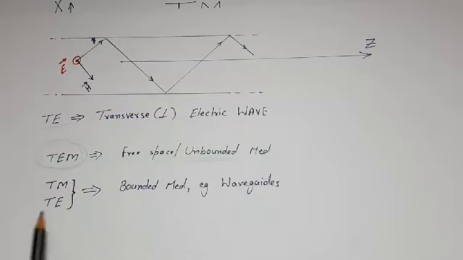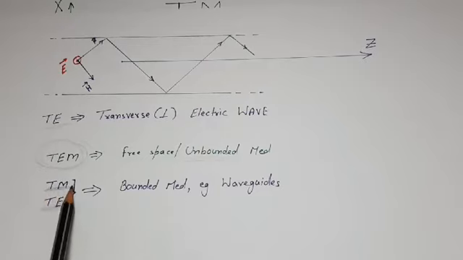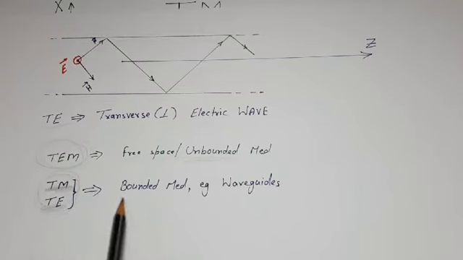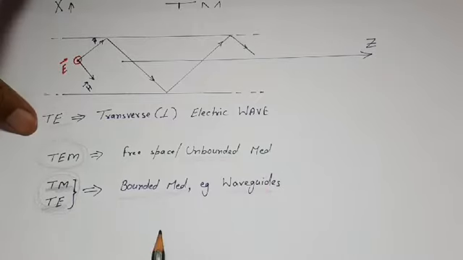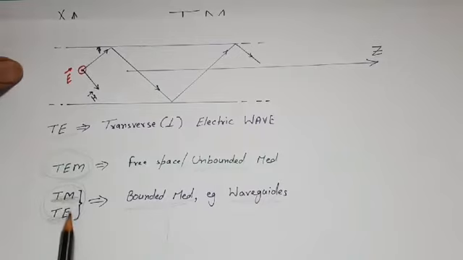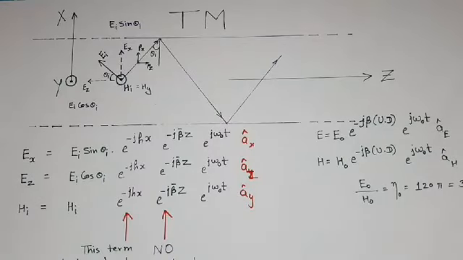In TE, only electric field vector is transverse to the direction of energy propagation, and in TM, only magnetic field vector is transverse to the direction of energy propagation. Both of these propagations are generally found in bounded medium, for example, in waveguides. In other words, we can say that in waveguides, either TE or TM mode will propagate. Now we will study these two ways of propagation in parallel plane waveguide.